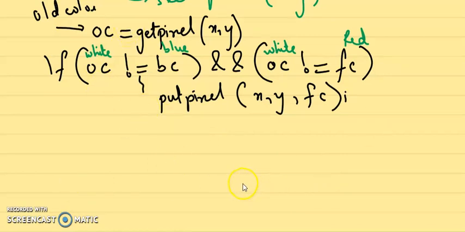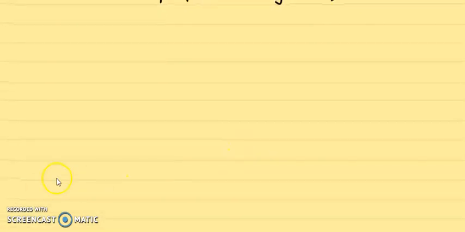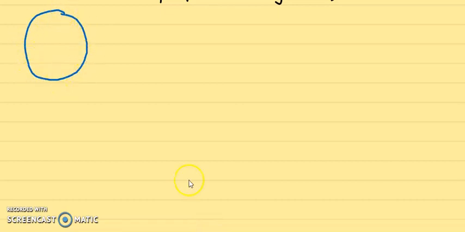Now we see something very important. I will again draw the circle with blue color, and we have already seen that one pixel was colored with red. We have to color the other pixels as well.